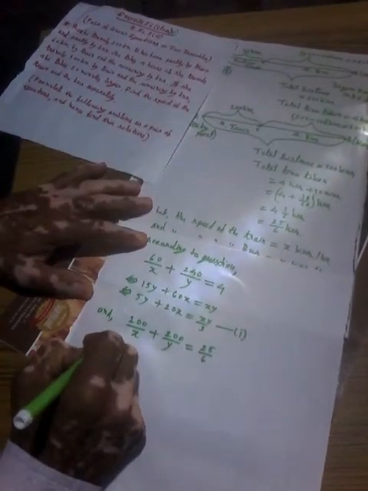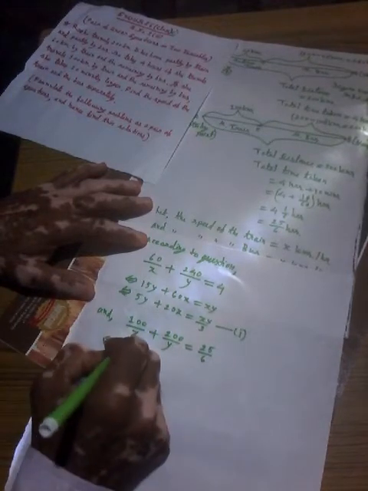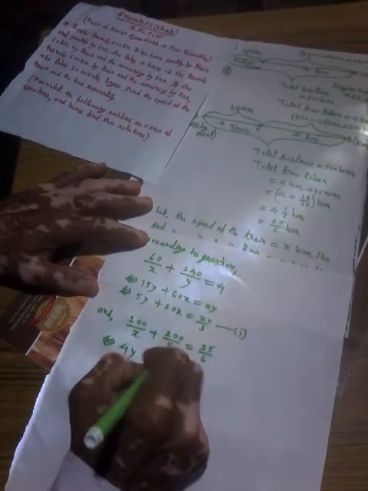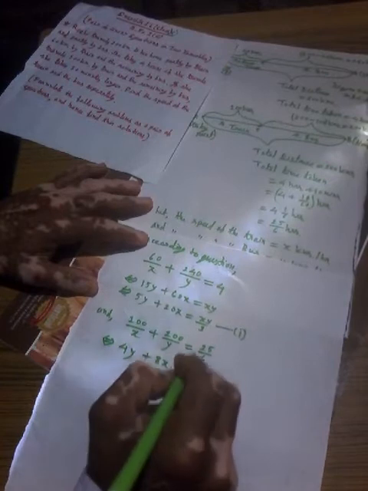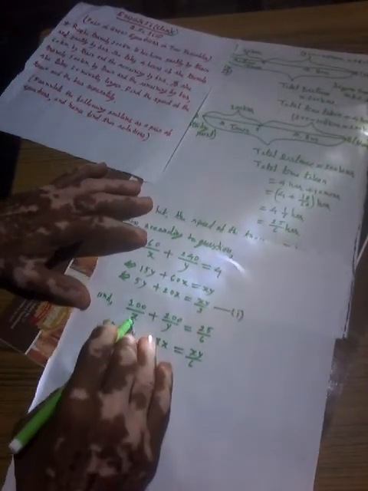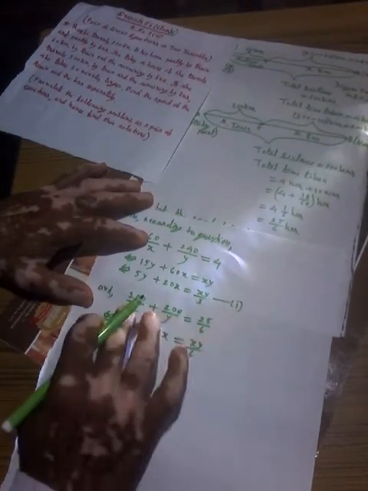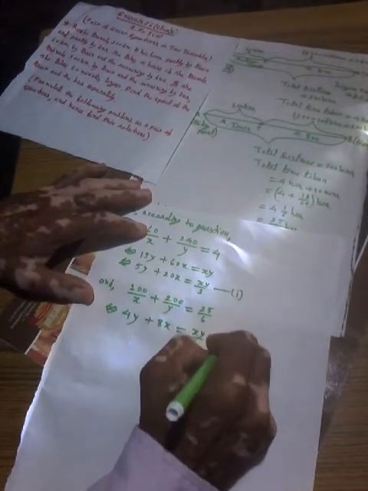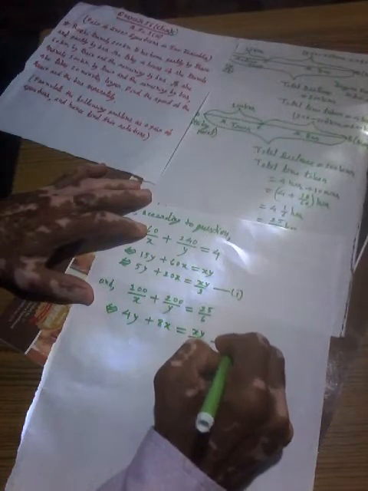So it will be 25 by 6. This implies 4y plus 8x is equal to xy by 6, dividing both sides by 25 and at the same time multiplying both sides by xy. Let us name this linear equation as 2.